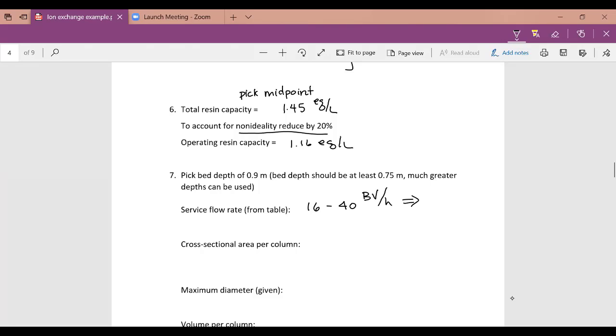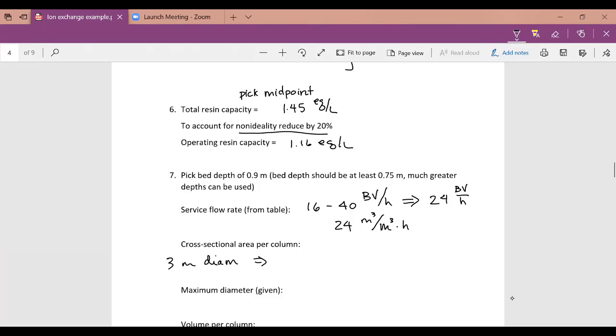We'll pick the midpoint, so that would be 24 bed volumes per hour. And that means that it's 24 meters cubed of water per meter cubed of resin per hour. Okay, so that's what we mean by a bed volume. So we're treating 24 meters cubed per hour of water per meter cubed of resin.